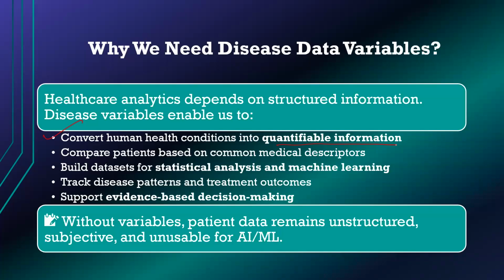At the same time, we need some information that can help us to compare patient records or patient disease progression with various medical descriptors. And we need to build the data set in such a pattern that it is suitable for statistical analysis and machine learning, because there are some set patterns of data that are utilized while building these kinds of modelings further.